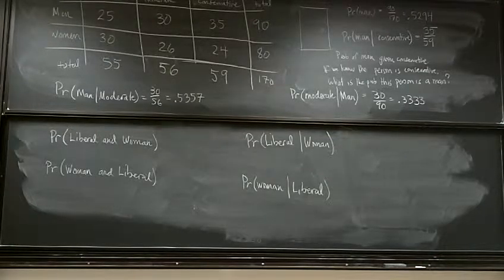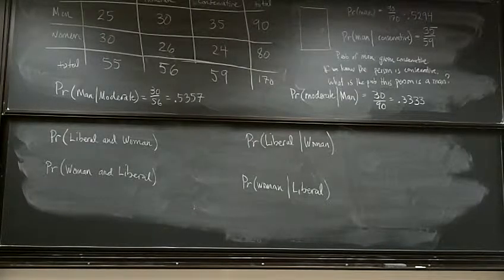Oh, yeah. I might be wrong for the end section. Did you get that? Because liberal, this liberal total is 55. Oh, woman. Oh, right.